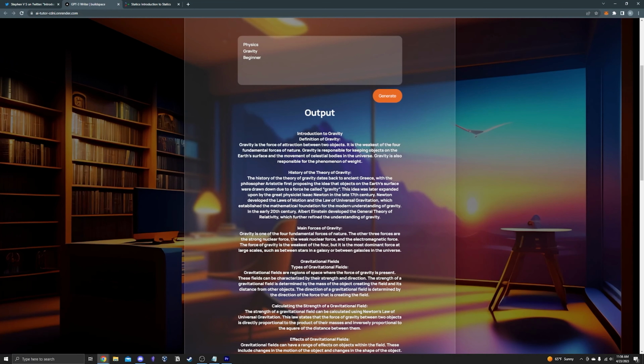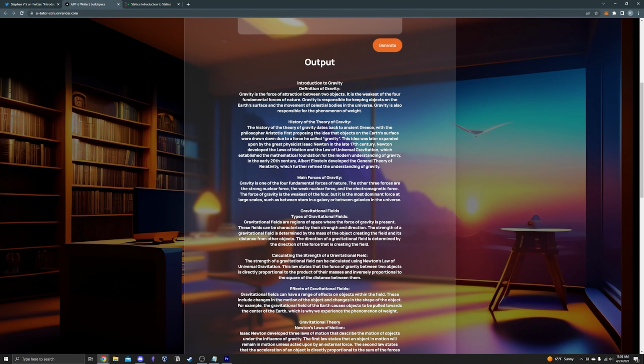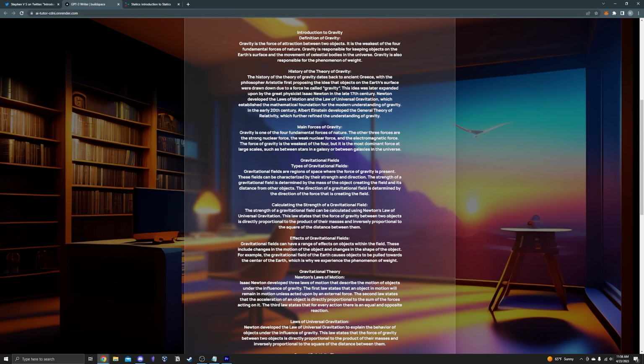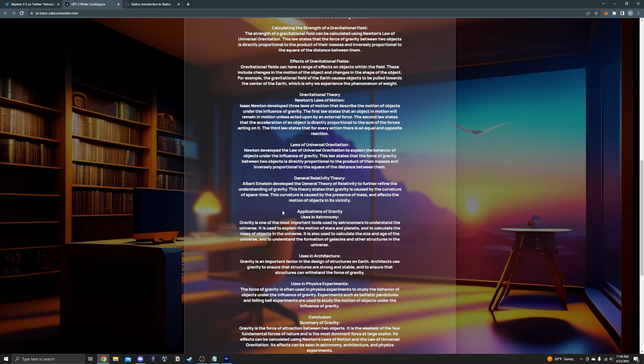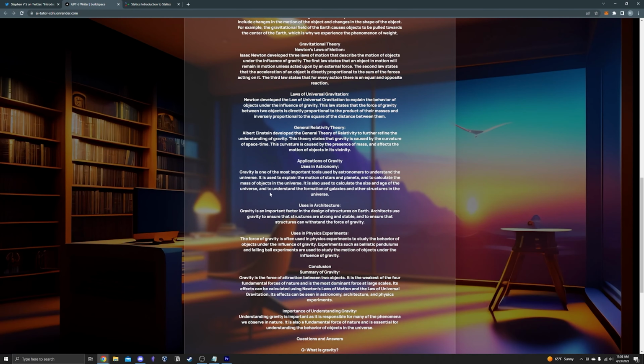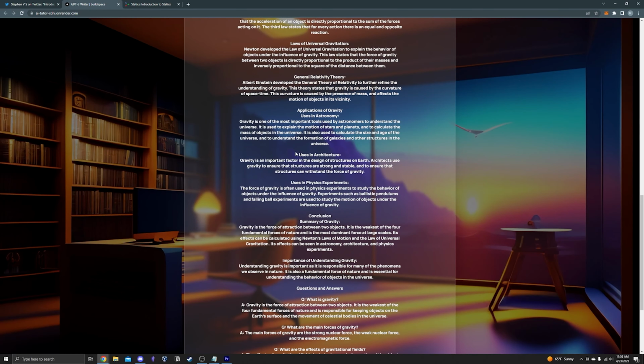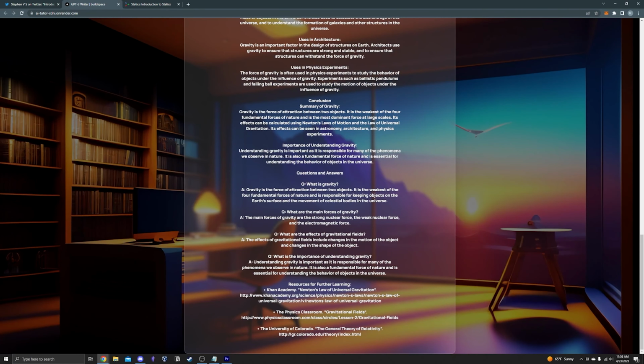Introduction to Gravity. History of the theory of gravity. Main forces of gravity. Gravitational fields. Calculating the strength of gravitational fields. General relativity is also here. Alright, this is not bad.